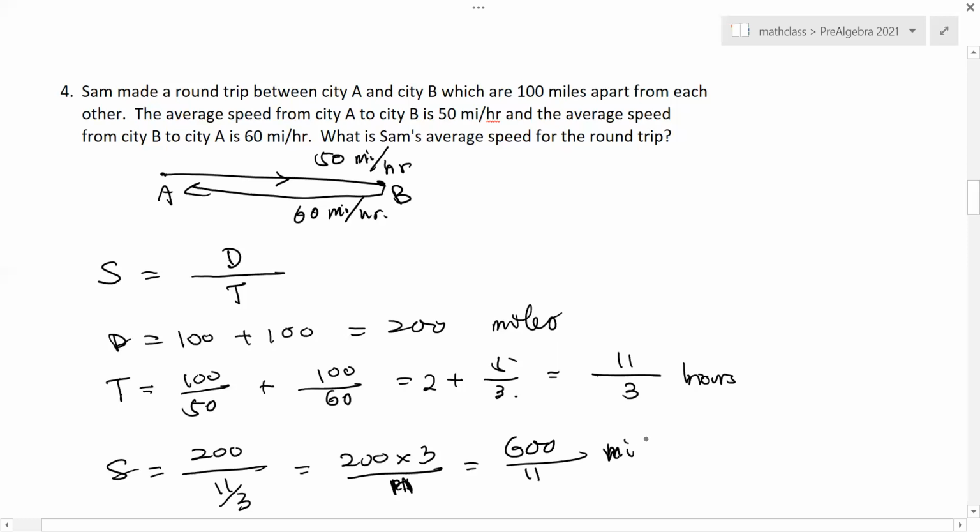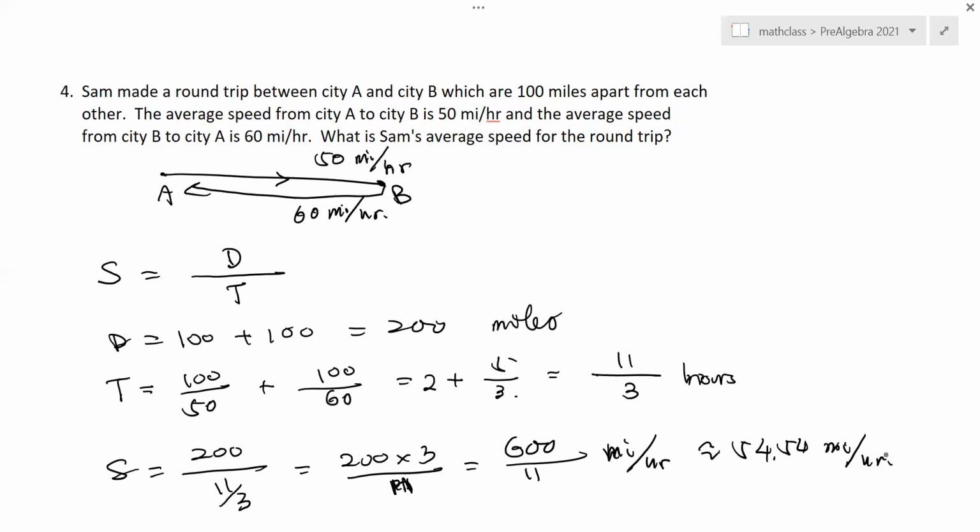So that is in miles per hour. If you use a calculator, you can round it: 600 divided by 11 is about 54.54 miles per hour. Okay, so that's it. I think Michael did a good job.